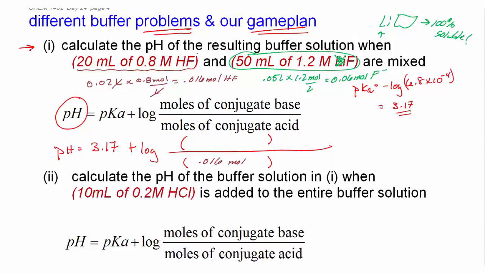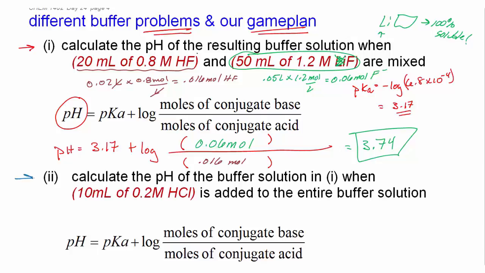Let's see, 0.06 moles fluoride on top. Okay, so what's my answer? 0.06 divided by 0.016, take the log, plus 3.17. I get about 3.74, the pH of my buffer solution.